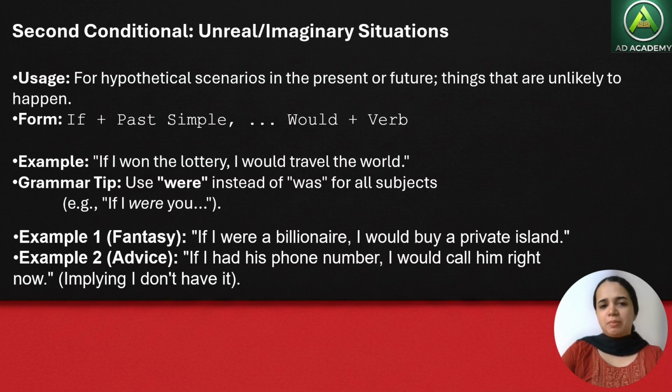So in this particular scenario only, you can violate the subject verb agreement rule because we are speaking about an imaginary situation. In the other cases, you can adhere to the subject verb agreement rule, like using a singular verb for the singular noun. So if I were a billionaire, I would buy a private island.